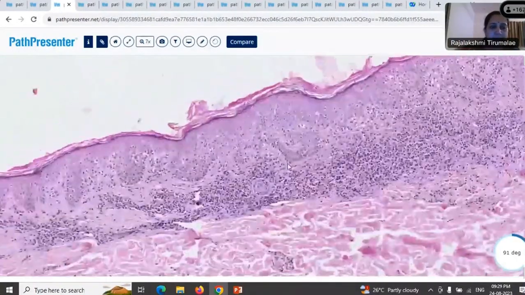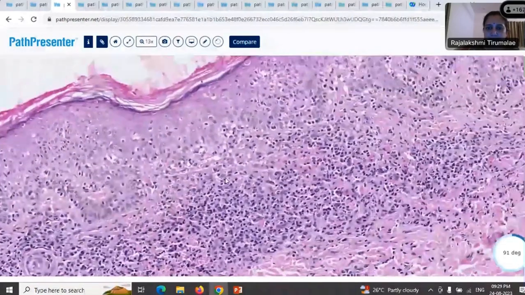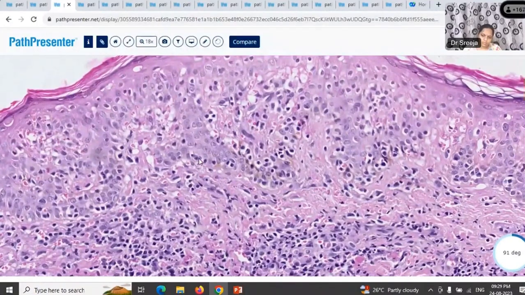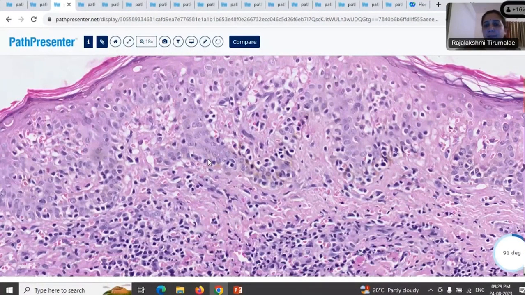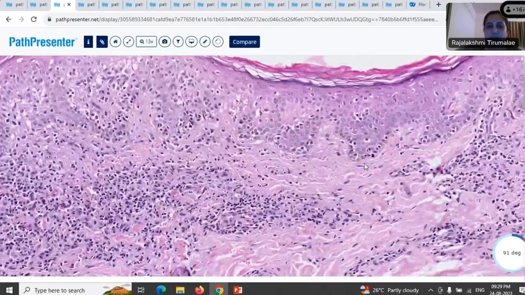Is there any particular pattern to their arrangement? So far you've seen lymphocytes in the epidermis, isn't it? In what situations did you see them? You saw them in spongiosis, you saw them in interface dermatitis, right? So are you seeing any of those changes here? Are you seeing spongiosis?